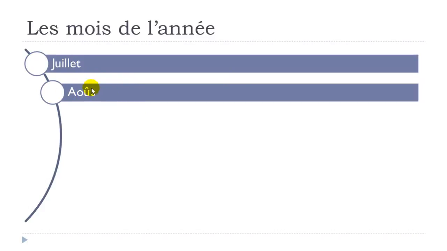The first one, you don't pronounce the final T: ou. The second one, you pronounce it: août.